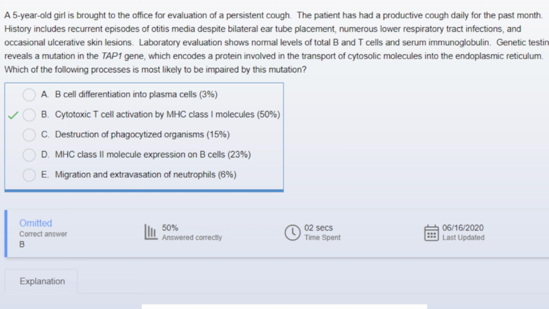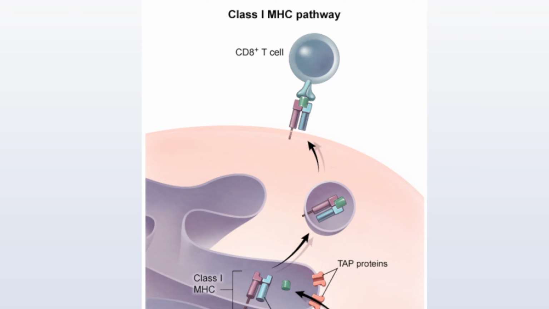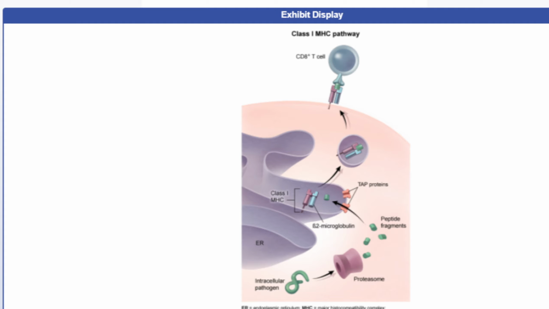Let's see the explanation. We can see a graphic here of the MHC class 1 pathway, CD8. The TAP proteins bring the molecules from the cytosol into the endoplasmic reticulum. You can see the extracellular pathogen going through the proteasome and being broken into smaller fragments, and then with the help of the TAP protein they get into the endoplasmic reticulum.